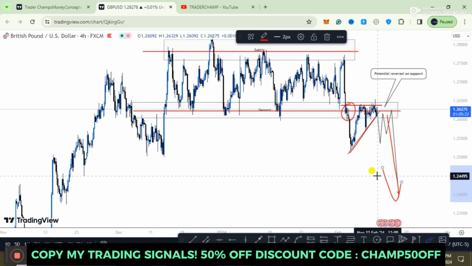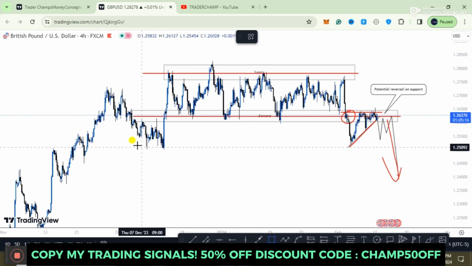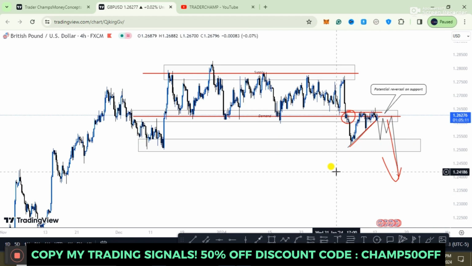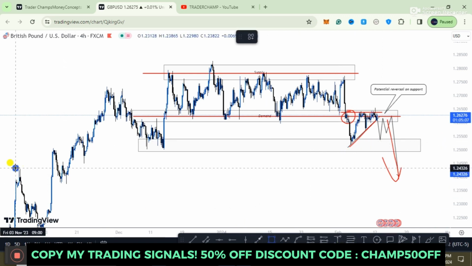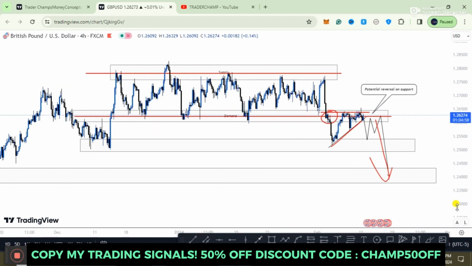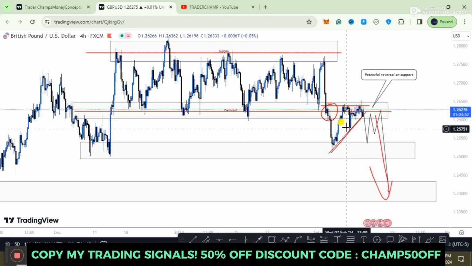So with that breakout confirmation, we can expect a target once again towards the recent low that the price has already tested, or a swing low that the price has created earlier during the price action, which is held close to 1.24, right? So these are the two possible targets that I am personally expecting to see on the GBP USD based on the bearish breakout of the following pennant or the flag.